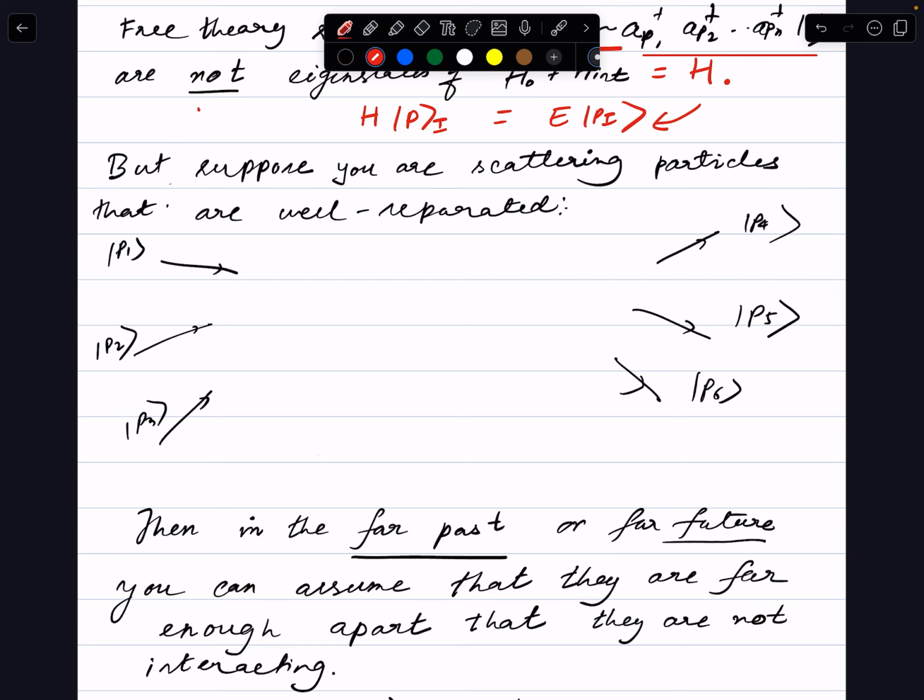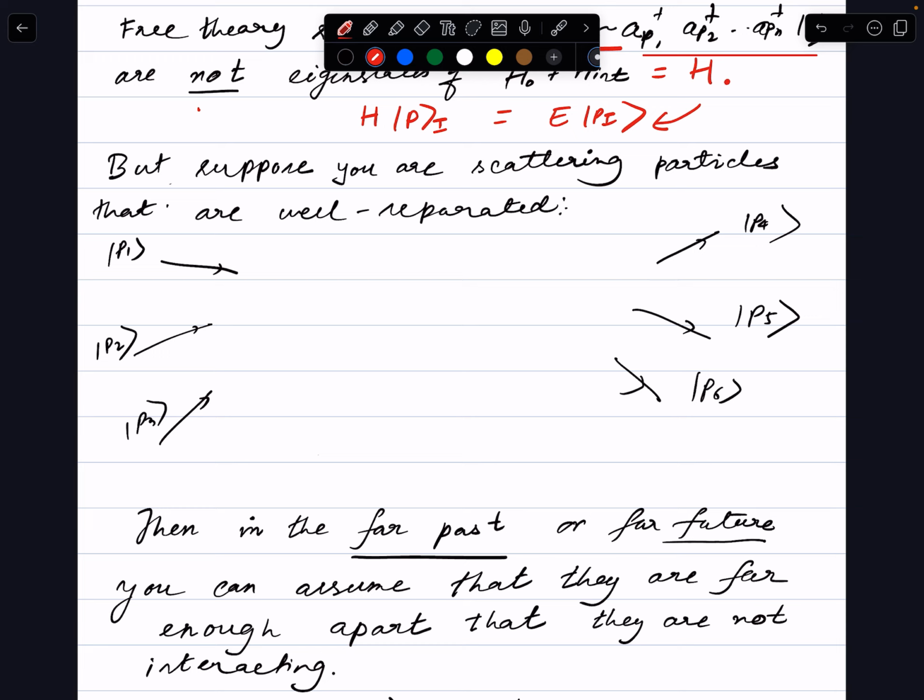When they come close together, that's when they start feeling their interaction, because for electrons their interaction dies off like 1 by r square. When they're far away, they're not really influencing each other much. Only when they come close is there some interaction, and then they again go away from each other.